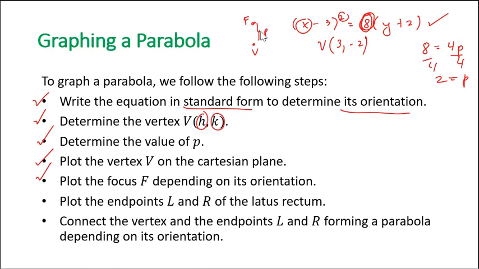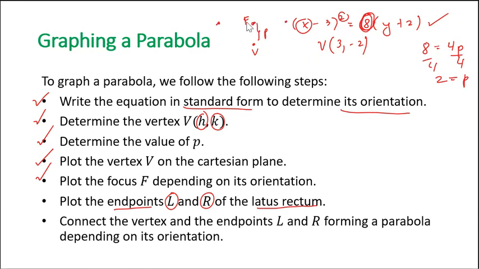And then afterwards, from the focus, we will plot two additional points, which we call point L and point R. These L and R are actually the endpoints of the so-called latus rectum. If the parabola opens upward, one of the points L and R would be to the left of the focus, and the other one is to the right of the focus.